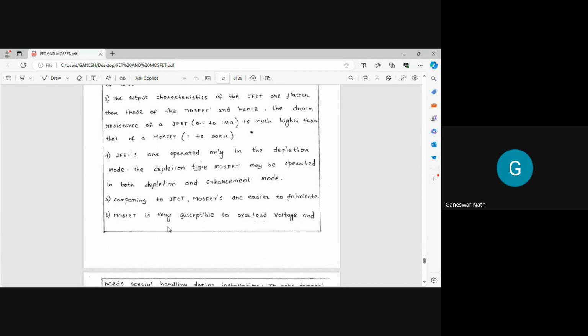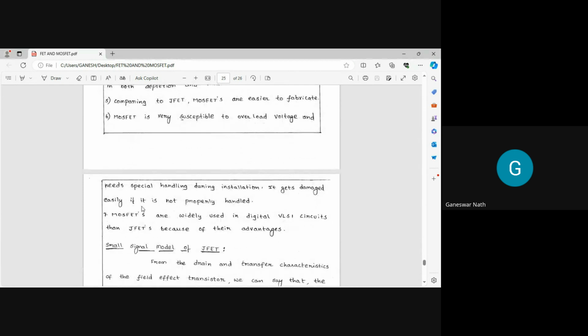MOSFET is very susceptible to overload voltage and needs special handling during installation, so it gets damaged easily if it is not properly handled. MOSFETs are widely used in digital VLSI circuits rather than JFETs because of the above advantages.